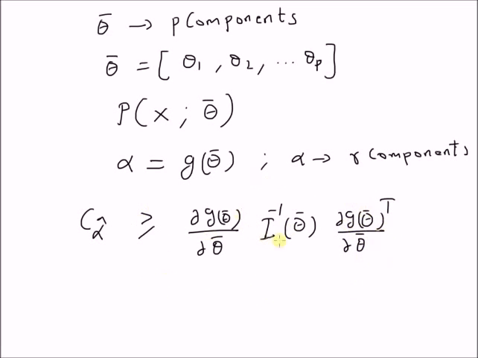So this is the CRB for the covariance matrix of the estimator alpha hat.